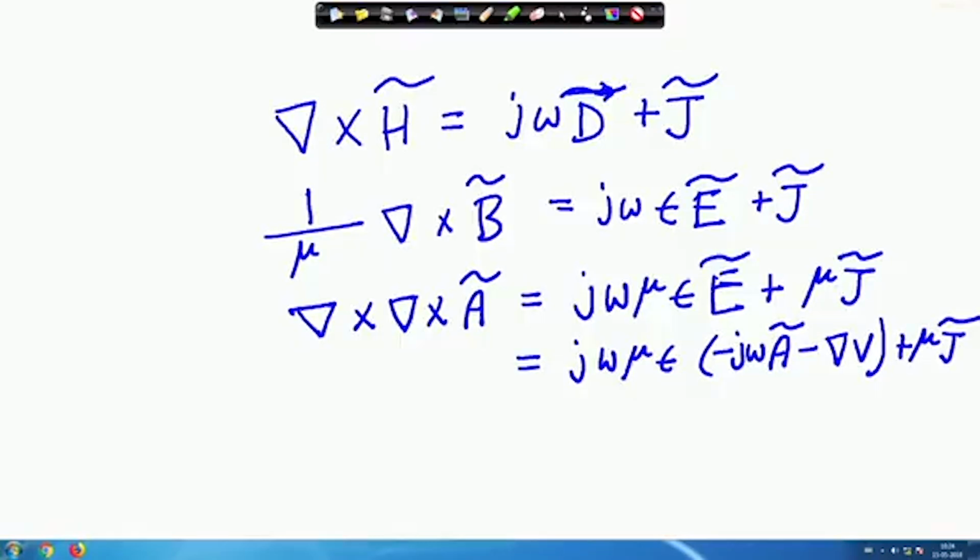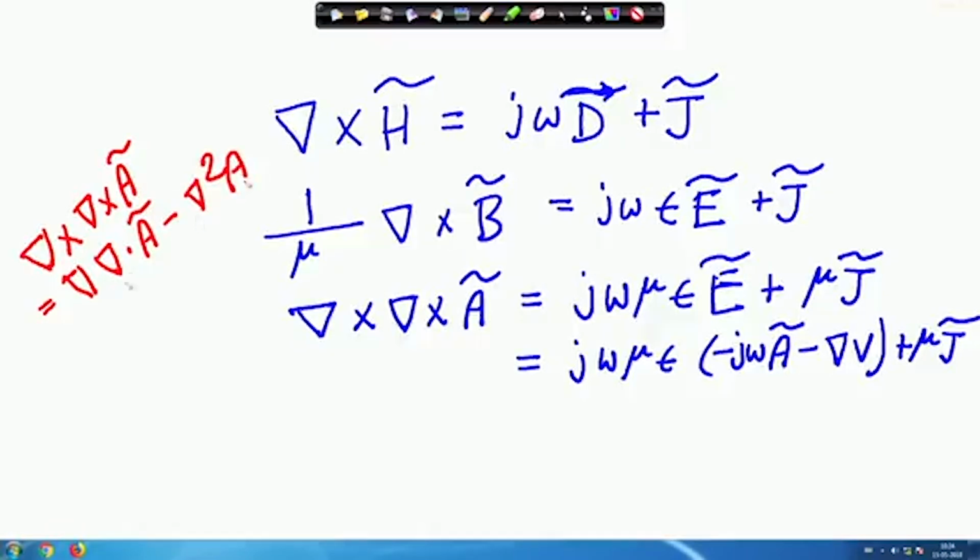Now, we can use the vector identity del cross del cross A is del del dot A minus del square A, this is Laplacian, this is gradient of divergence.